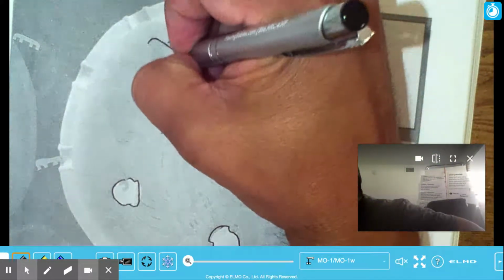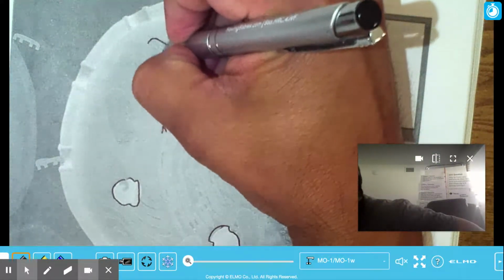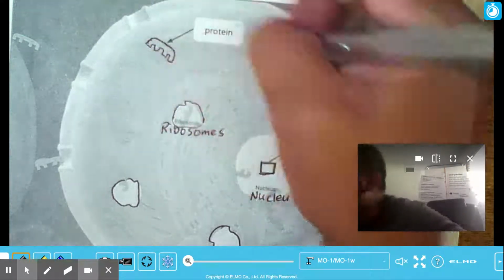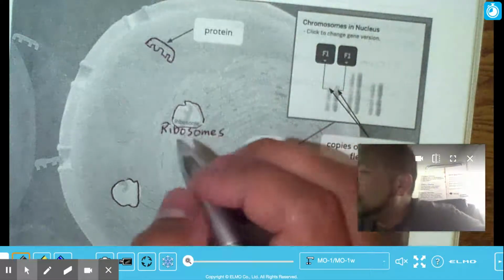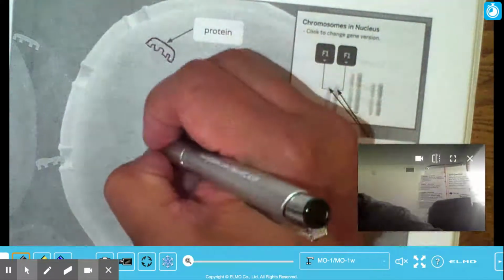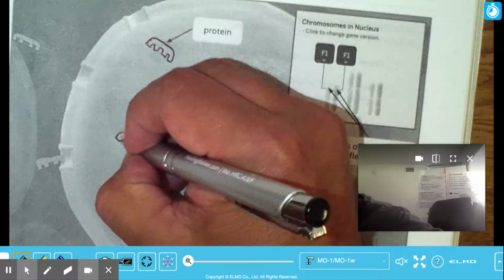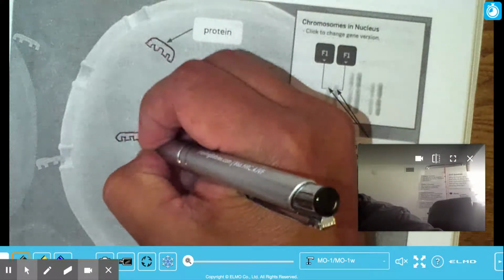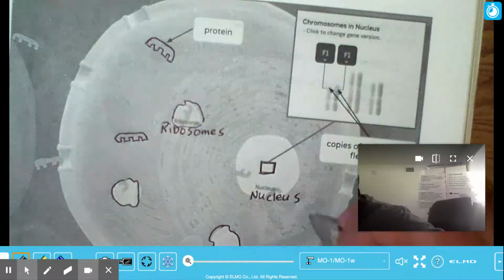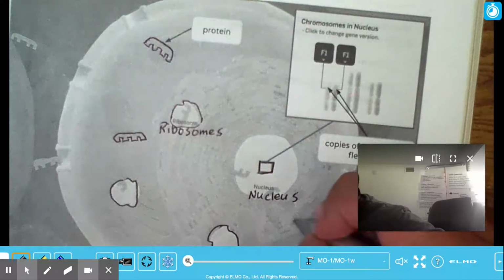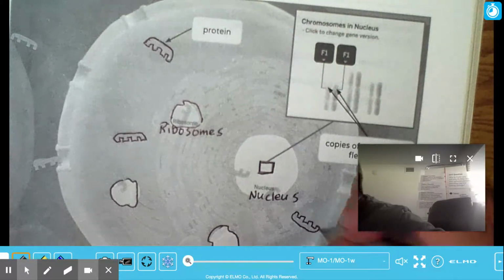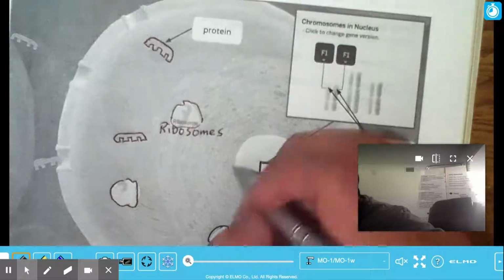I'm going to outline it so you can see it. It looks like a comb, right? And you can see other proteins. There's a protein there, and there are several other proteins floating around there and there.